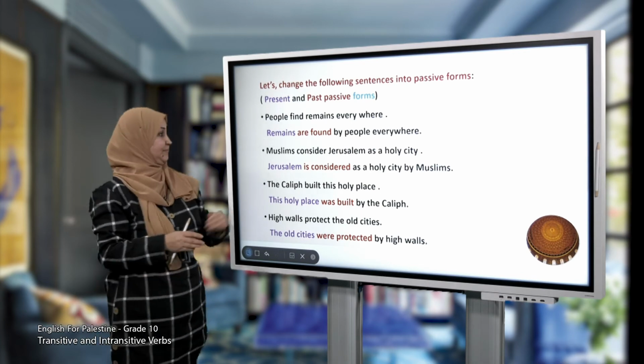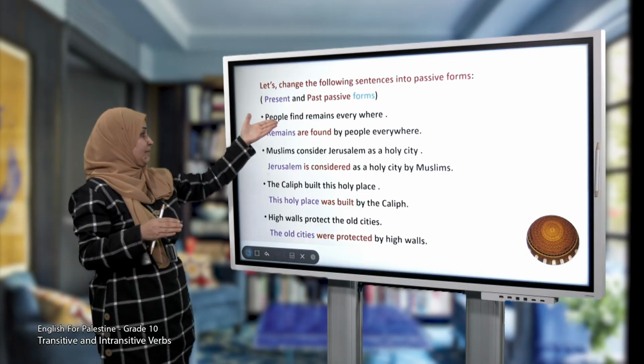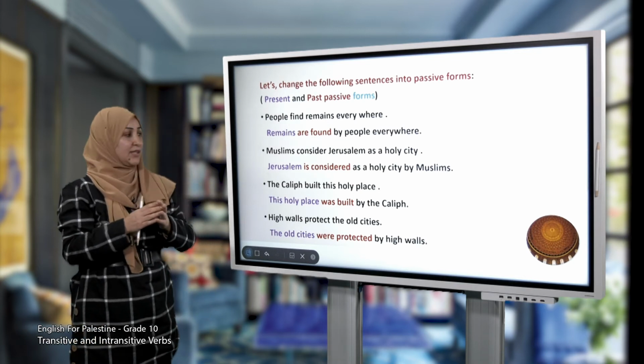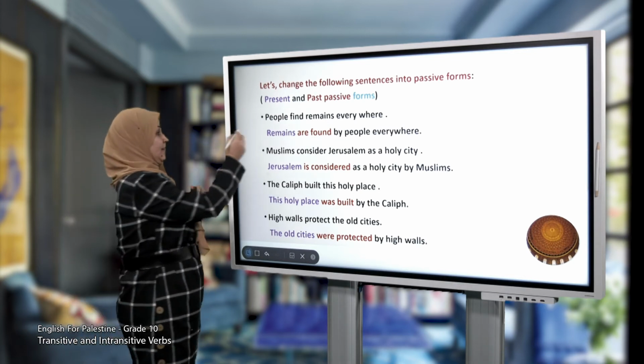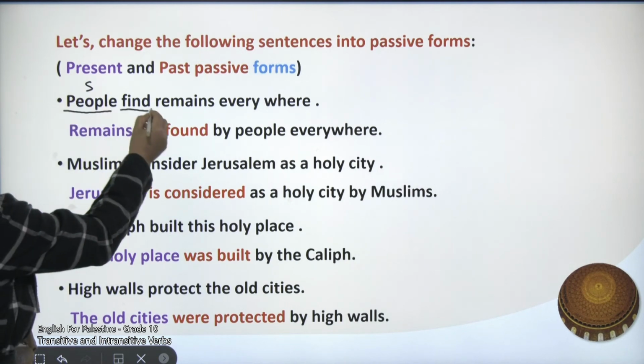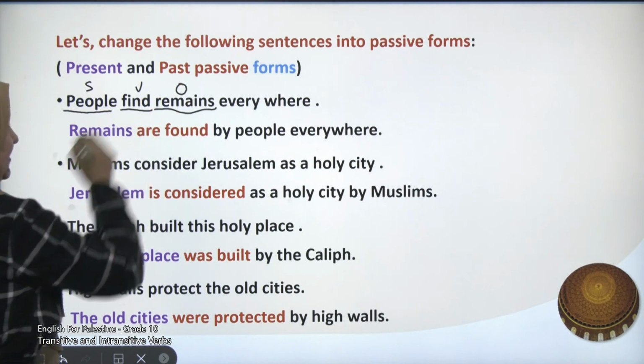Now, number 1, people find remains everywhere. First, the subject is people, the verb is find, and the object is remains.